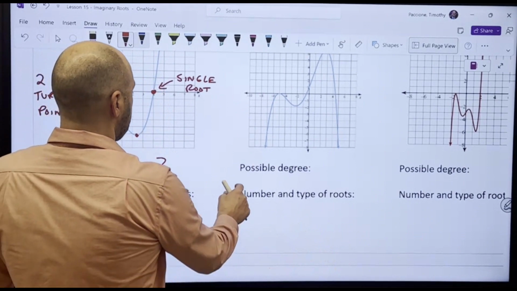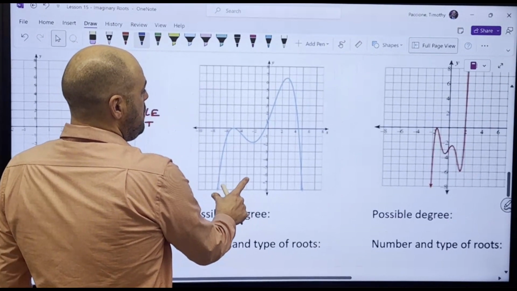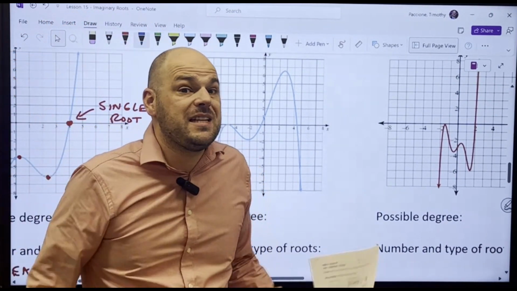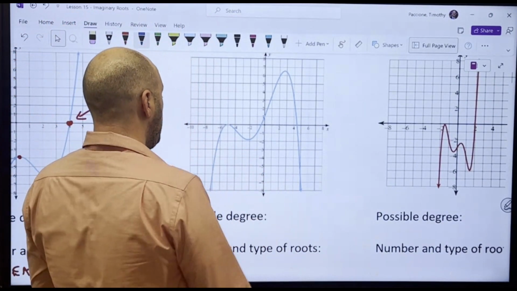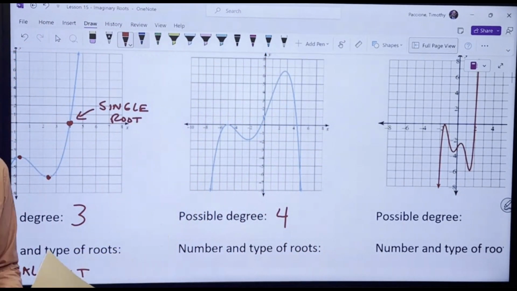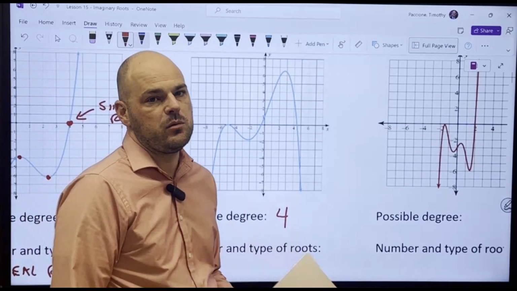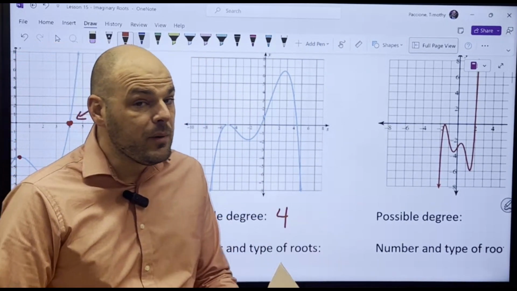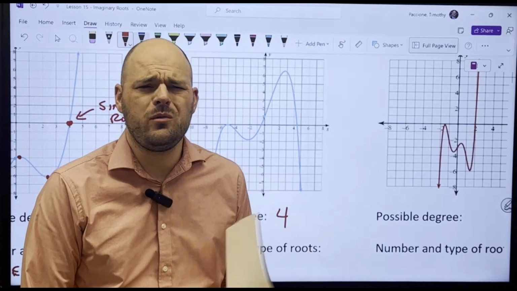Here's an example. Well, we're looking at this. Maybe we remember that this looks like a quartic function, so we say it's a possible degree of 4. But we could also think about the possible degree, by the way, is the possible roots as well. So our possible degree is 4. Maybe we remember that it's a quartic function, but what if we get to like 6 or 7?